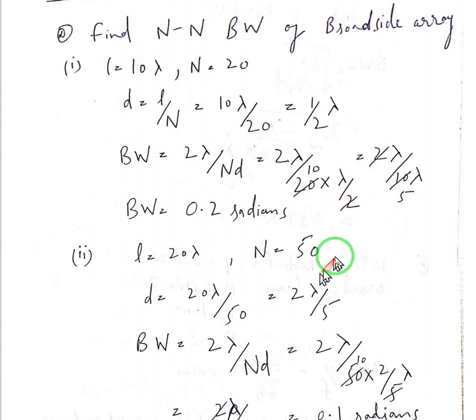So first we have to find the value of d, which is 20 lambda divided by n, which has the equation L by n. We have L 20 lambda and n is 50 here, so it becomes 2 by 5 lambda.